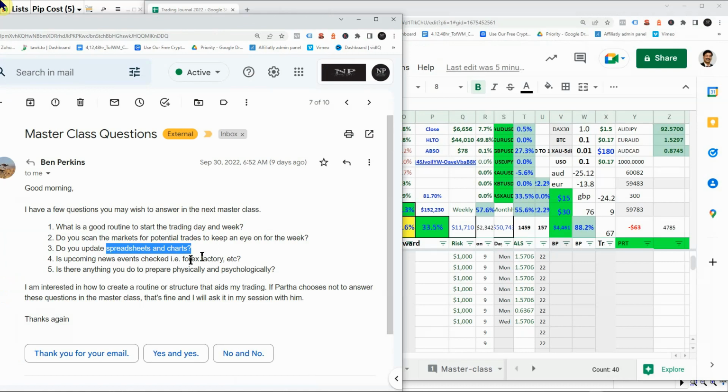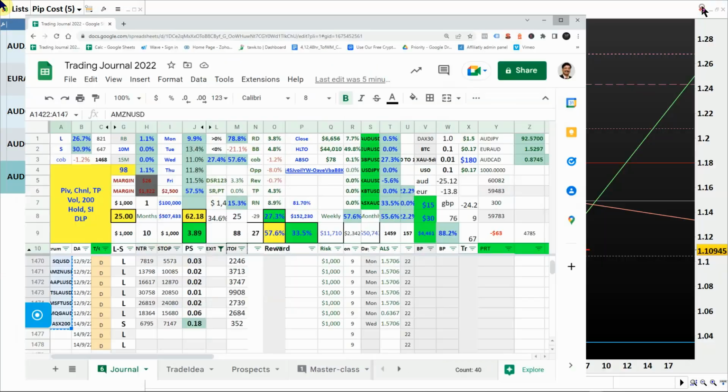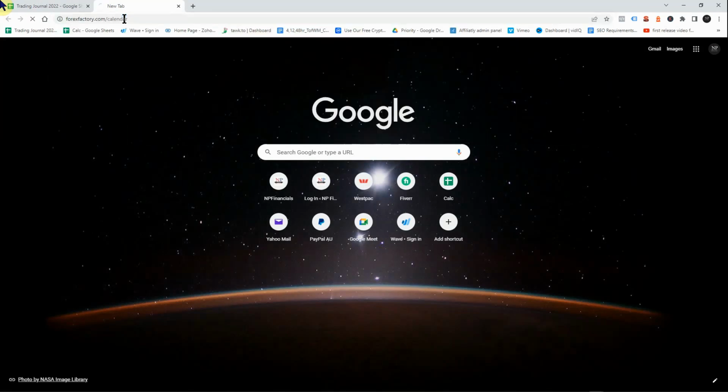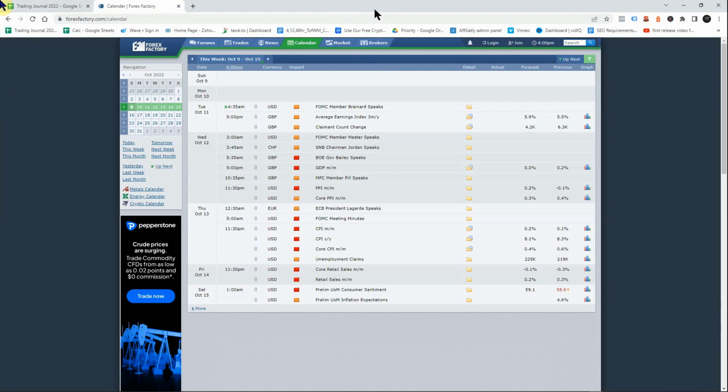Ben? Yes. Great. Thanks. Is upcoming news events checked, Forex Factory, etc.? Yes and no, only to the tune of three aspects of news. One is the FOMC economic projection, the second one is the non-farm payroll, and the third one is the CPI of United States month on month.